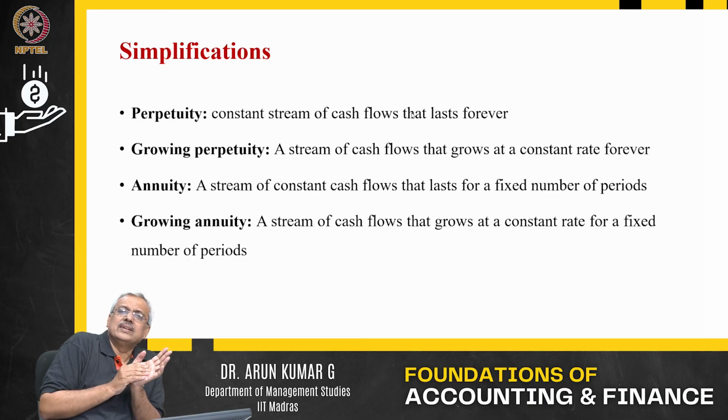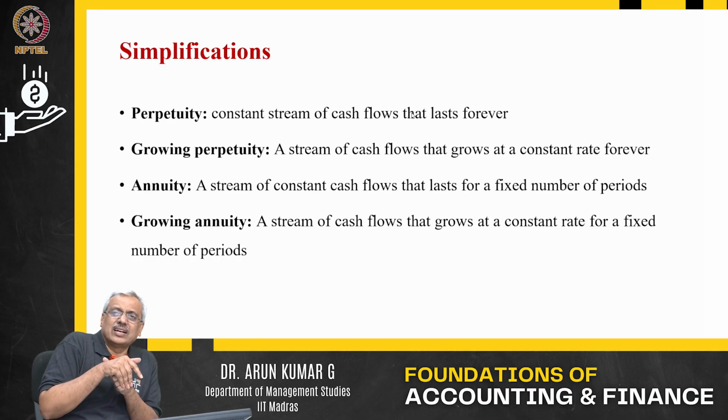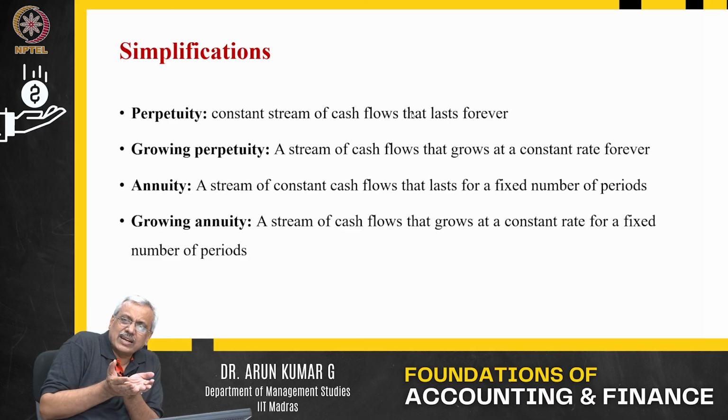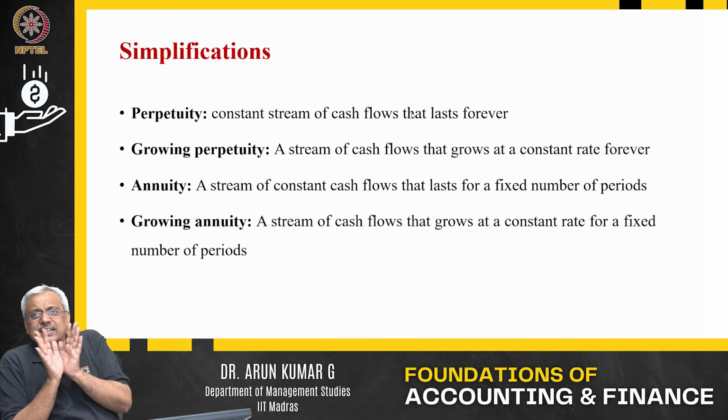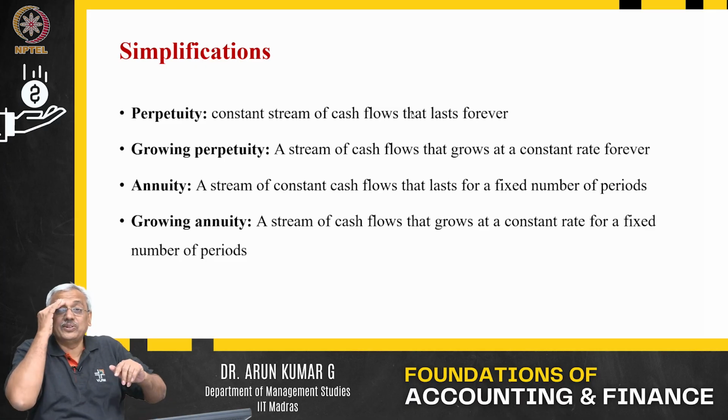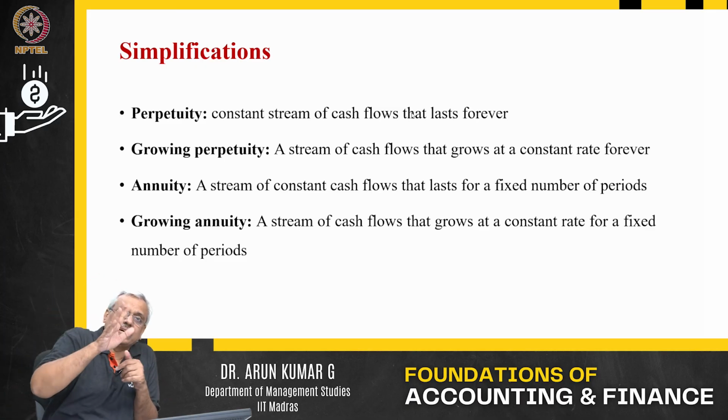What is an annuity? A stream of cash flows. I invest money in a particular fund. That fund says, for the next 10 years, I am going to pay you so much, constant. I keep getting that money every year for the next 10 years. That is what we call an annuity. Fixed time period.